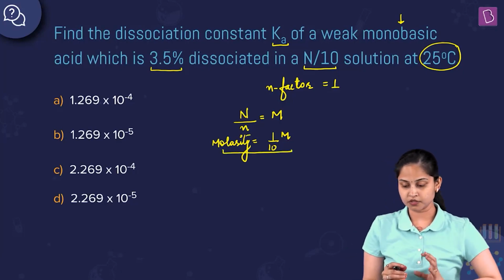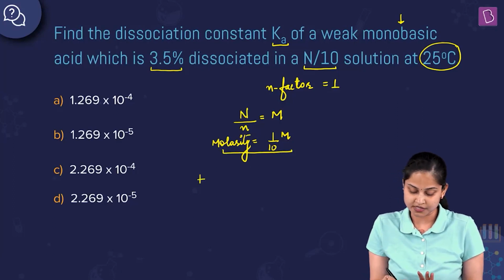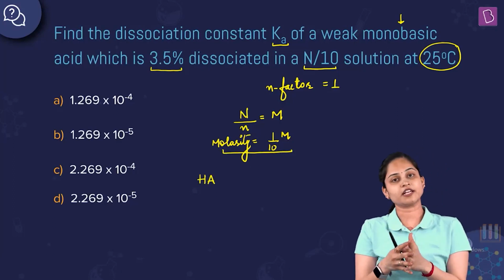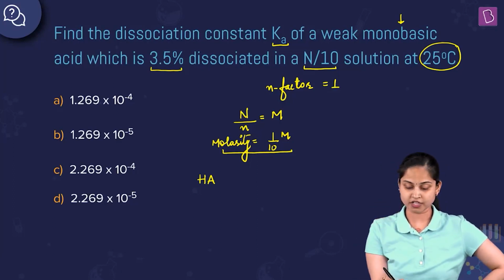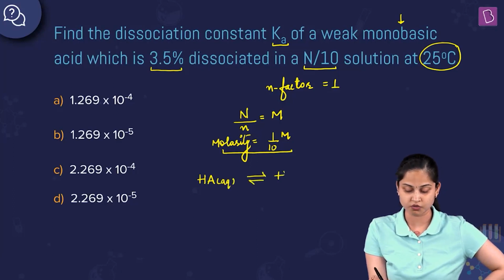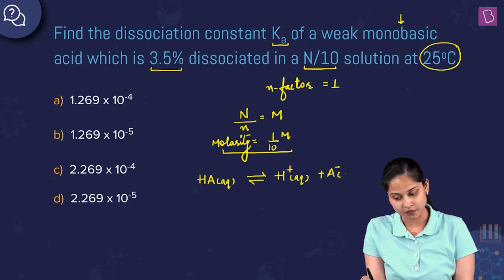Now, if I talk about the dissociation of the acid, suppose I am taking the weak monobasic acid as HA. HA in the aqueous solution is 3.5% dissociated to give us H positive in the aqueous solution plus A negative in the aqueous solution.